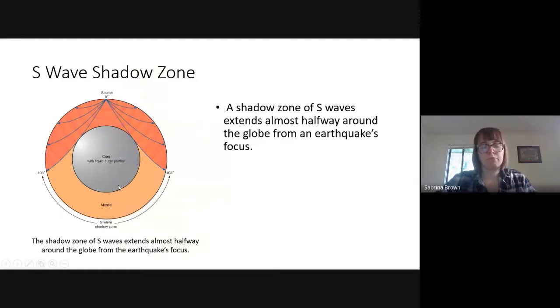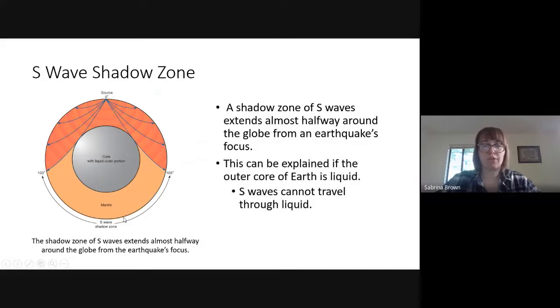And we know this with two pieces of evidence. One is that we have something called an S-wave shadow zone. If we have an earthquake here at 0 degrees, scientists all over the world measure these earthquake waves. If you're on the other side of the Earth from where the earthquake occurs, from 103 degrees to 103 degrees away from that point source, your machines do not record any S waves because you're in what's called the S-wave shadow zone.